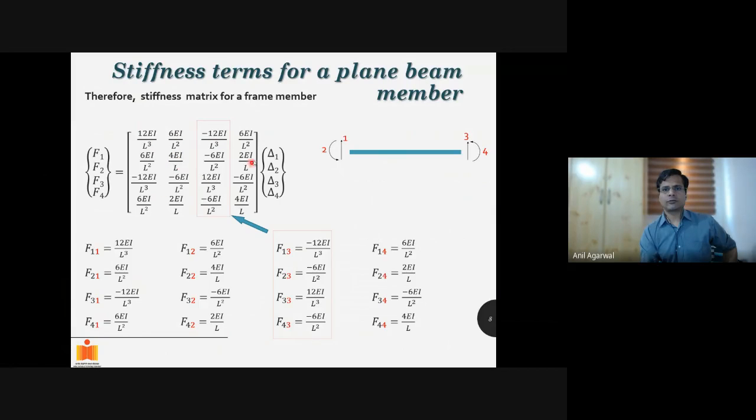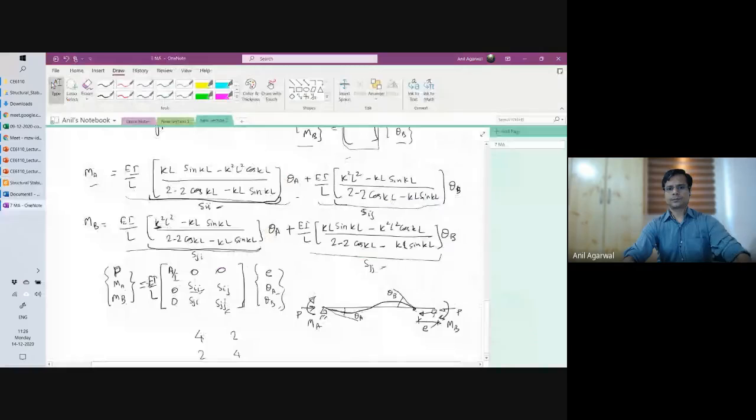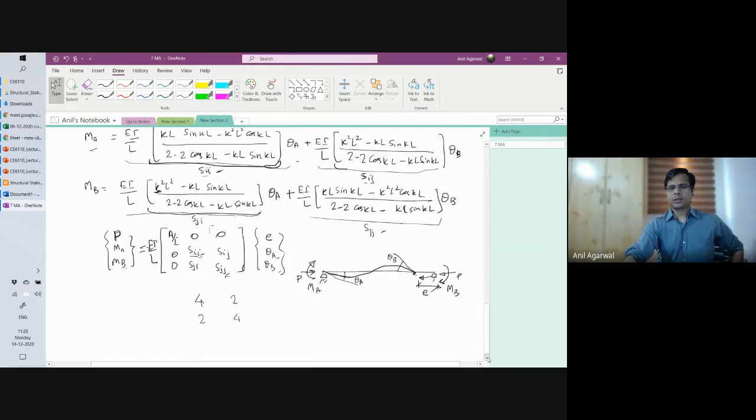So basically what you're left with is 4 EI by L, 2 EI by L, 2 EI by L, 4 EI by L. So 4, 2, 2, 4. That's what you had. But instead of that, now what we are having is these terms. Instead of 4, we have this SII, SIJ, SJI, SJJ. Okay. So this is the new stiffness matrix.